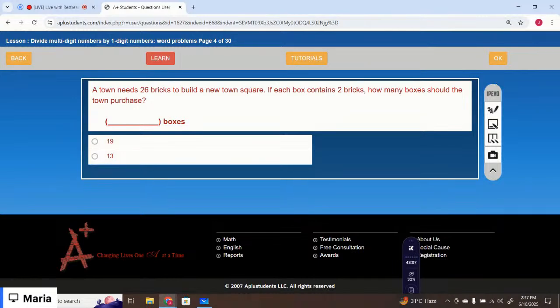That is 26 divided by 2 is 13. Option number 2 is the correct option.